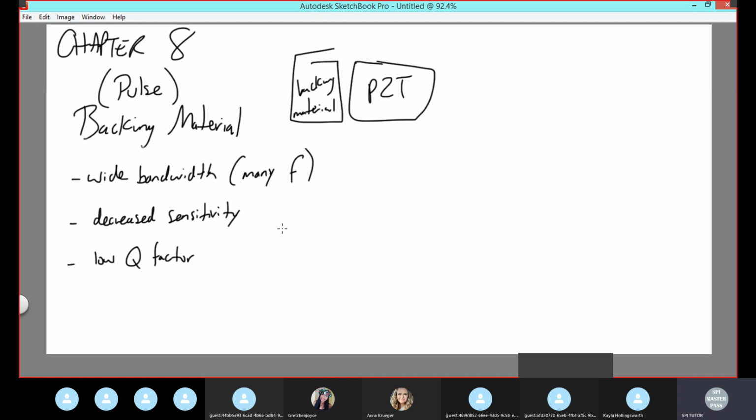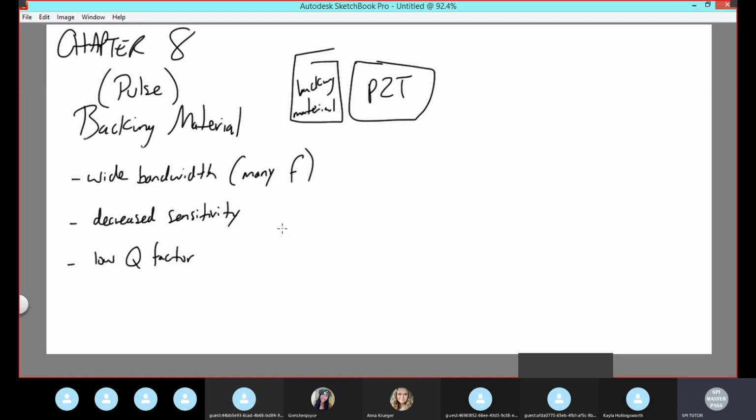So the backing material is going to absorb, unfortunately, certain weak reflections that never make it out. Every reflection is a piece of information, so if something doesn't make it out, that's information that you lost.